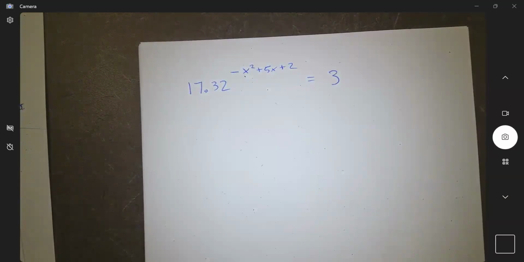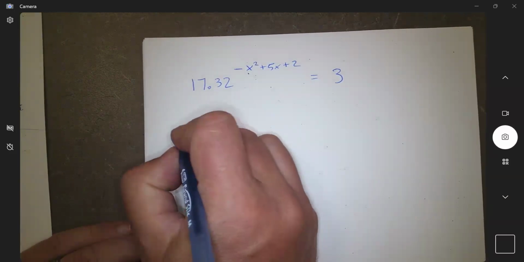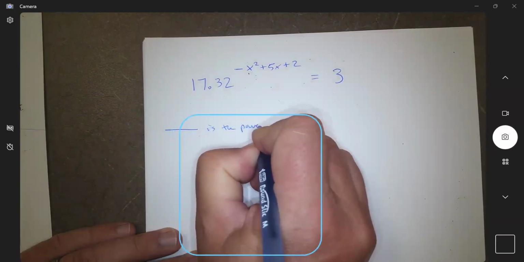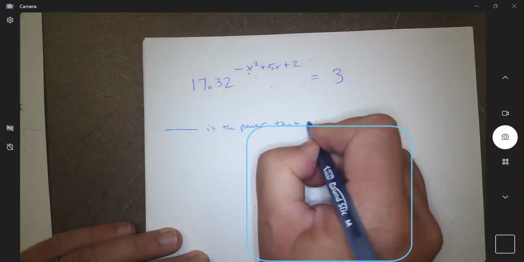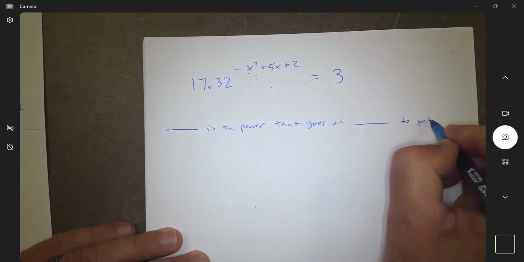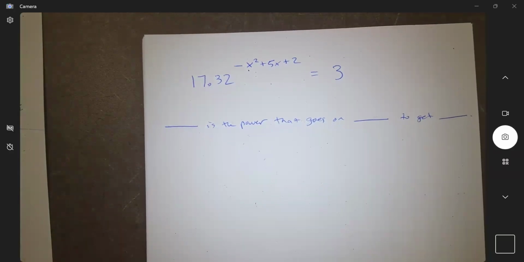And I want to write that as a logarithm. So I'm going to write it with the verbal thing first, and I'm going to help myself by actually making the blanks, because the fill in the blanks allows me to take it step by step instead of trying to do it all at once. Blank is the power that goes on blank to give blank.